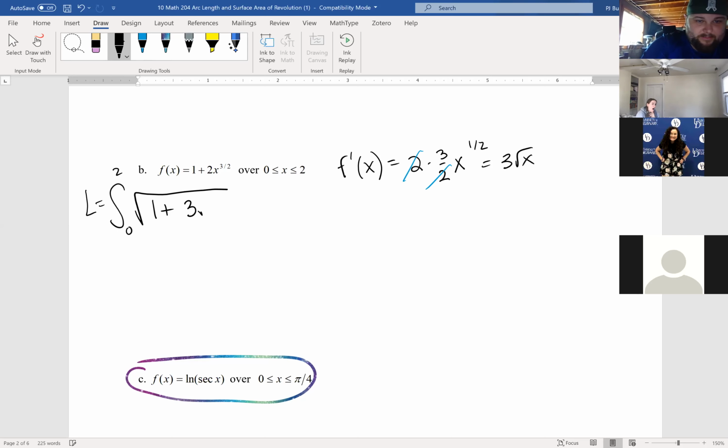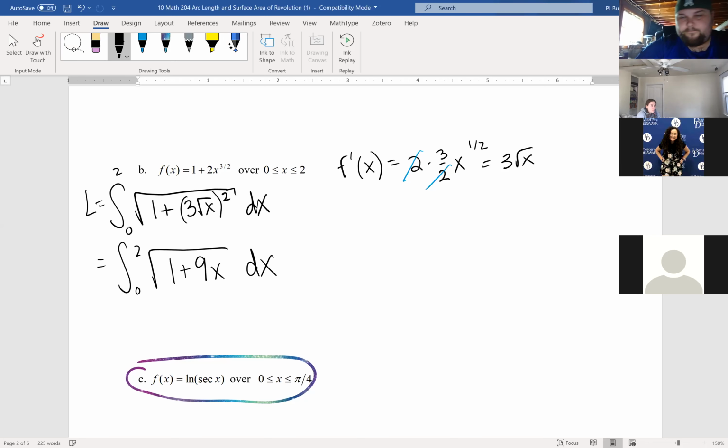So we plug in 3 square root of x, and we have to square it in the formula. So 3 squared times x squared is 9x.